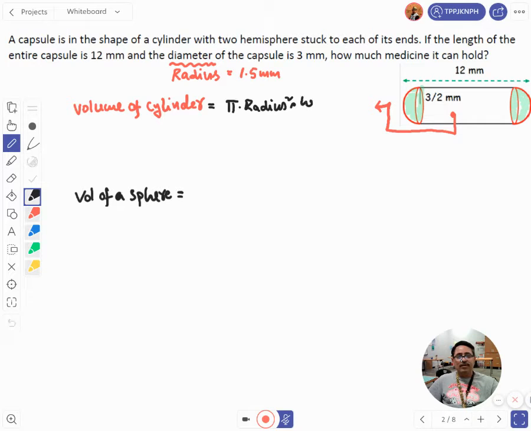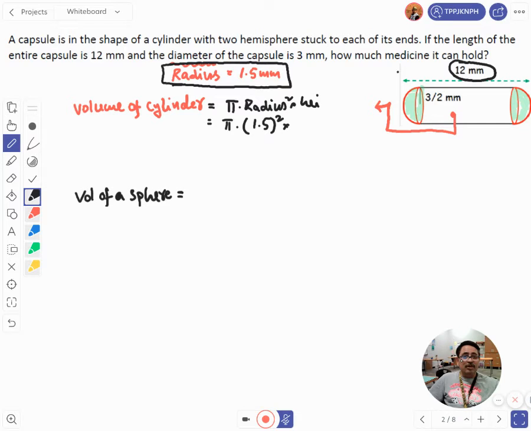So volume of cylinder, you know that it is pi times radius square times height. Now let me plug in these values. Pi times the radius, which we already figured as 1.5, therefore it is 1.5 square times height. The total length is given as 12 millimeters, right?